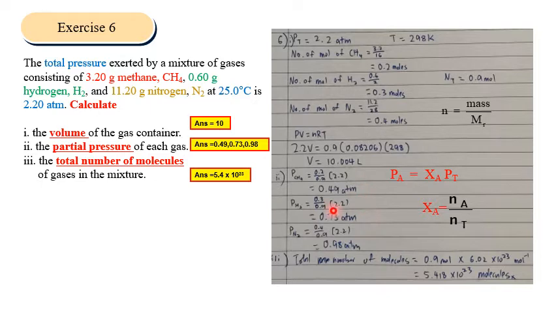Partial pressure for hydrogen is 0.73 atm, and then partial pressure for nitrogen gas is 0.98 atm. Always remember, must write down the unit. Then total number of molecules, the total number of mole is 0.9, so times Avogadro's number, we will get this answer, 5.42 times 10 to the power of 23 molecules.